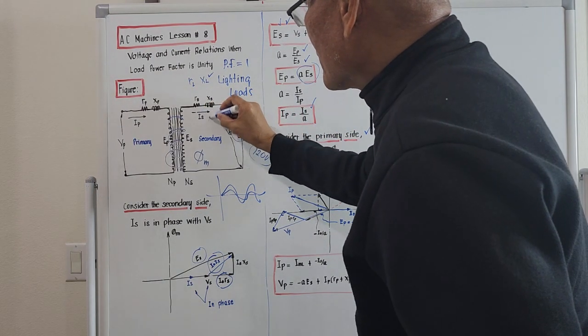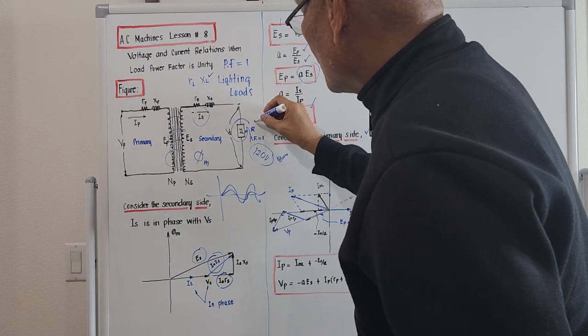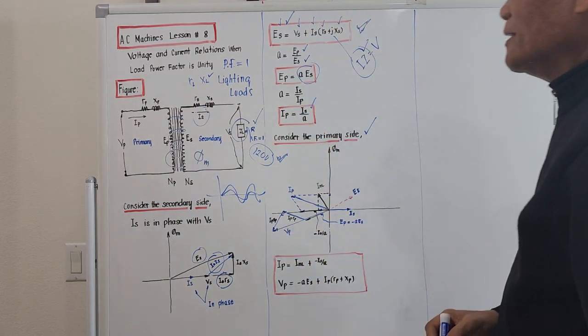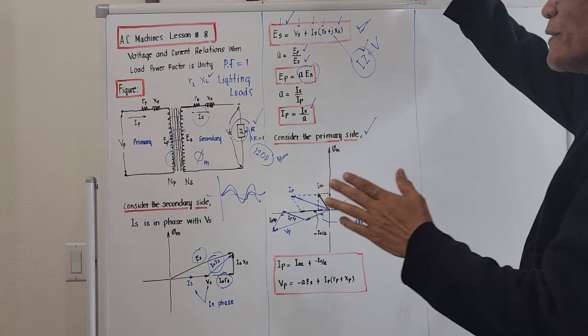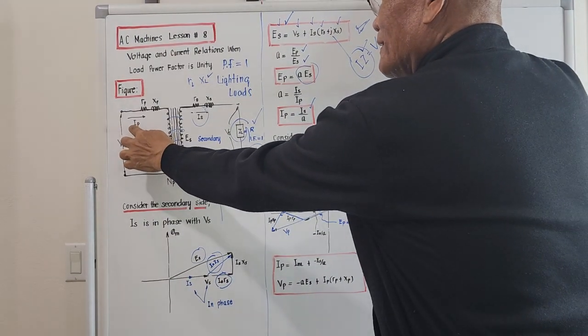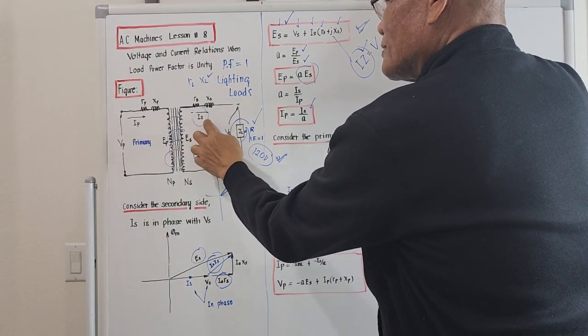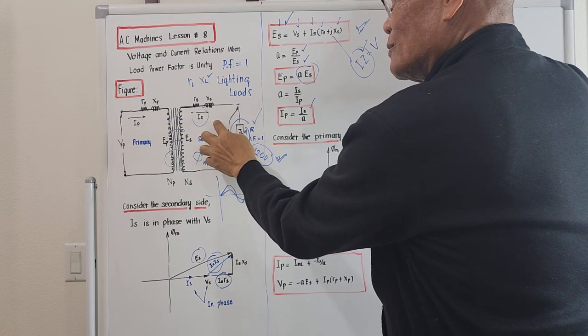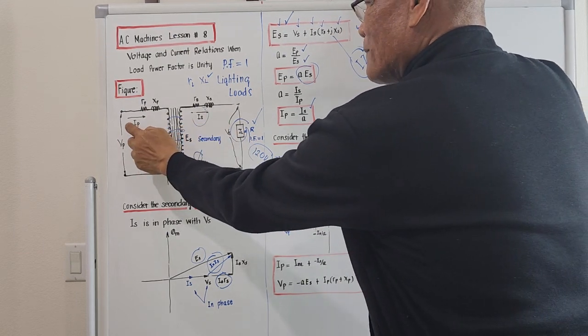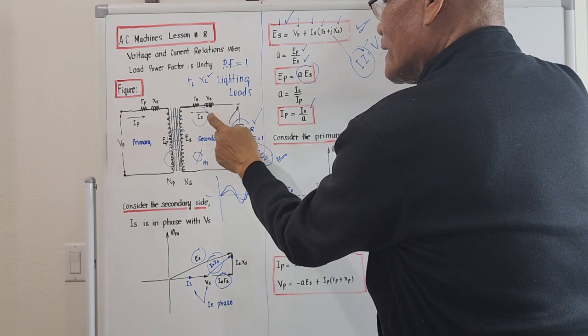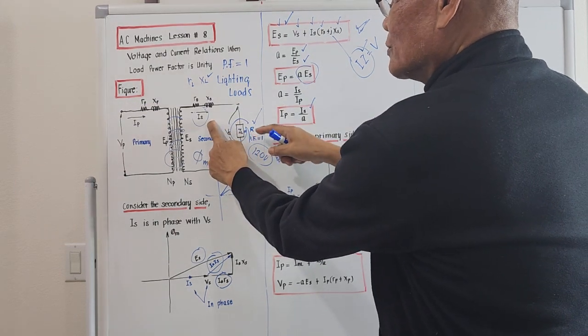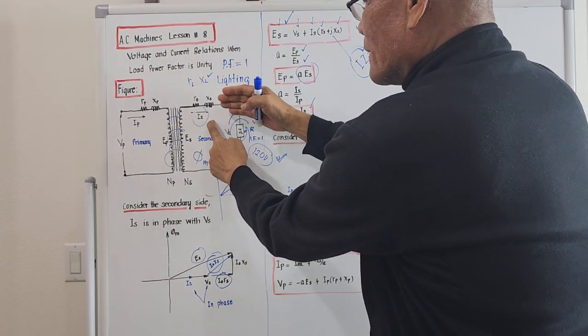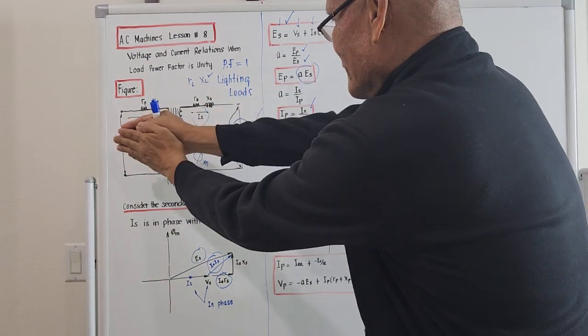This IS here is due to the pure resistance load. So what will be the corresponding value of IP if this value of IS is given? For us to get the relation of IP with respect to this computed IS due to the pure resistance load, we will refer all values to the primary side.